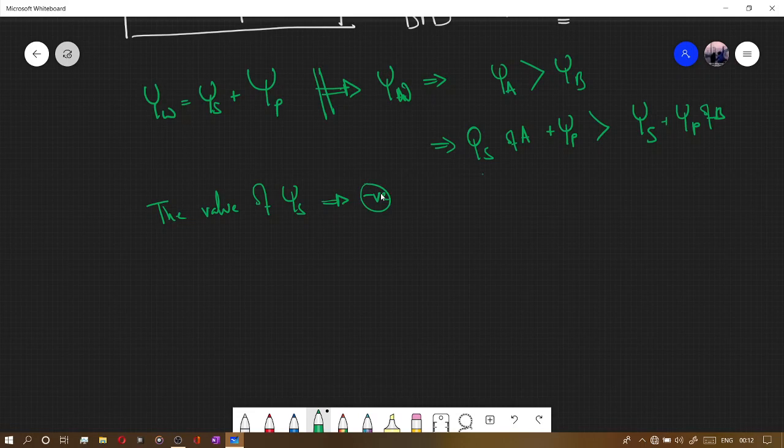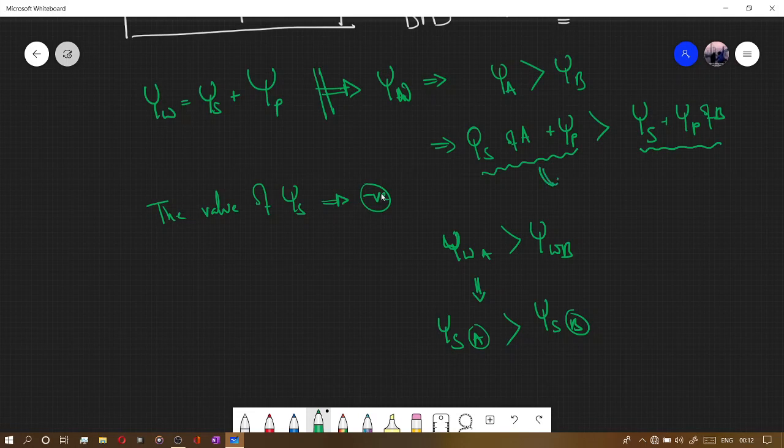So when I write psi W of A is greater than psi W of B, can we as well put this statement as psi S of A is greater than psi S of B? Can you tell me why? We are talking of only numerical values, guys.